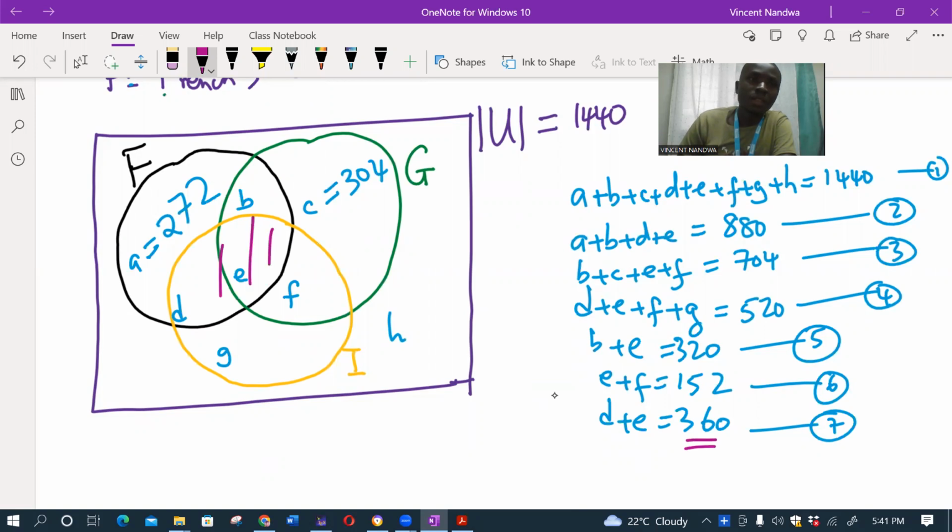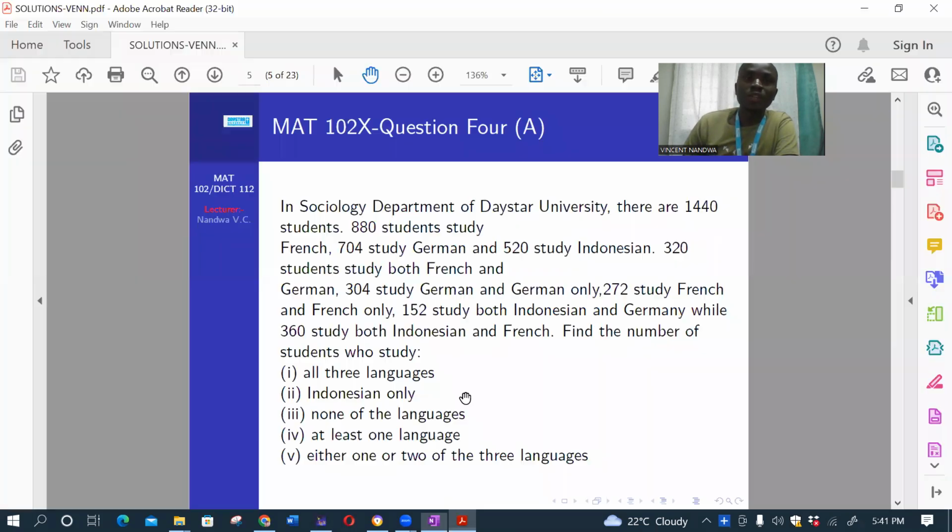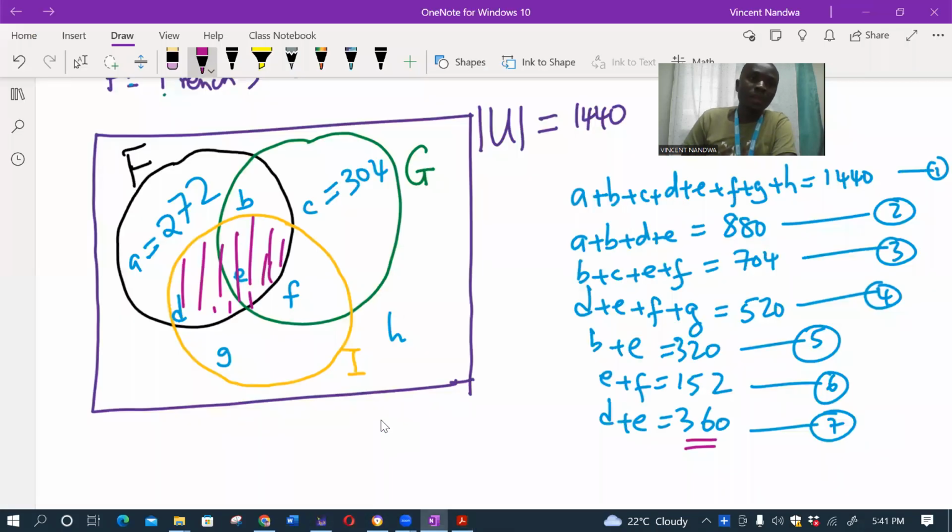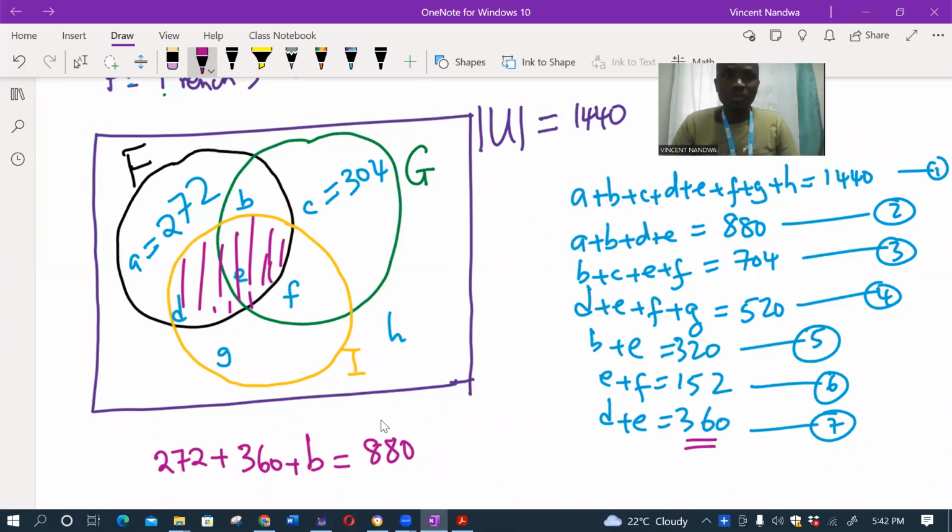If you add this part A, and then you add B, you should get the total for those studying French, which is 880. So if I pick A, which is 272, and add D plus E, which is 360, and then add B, I should get 880. 272 plus 360 is 632.